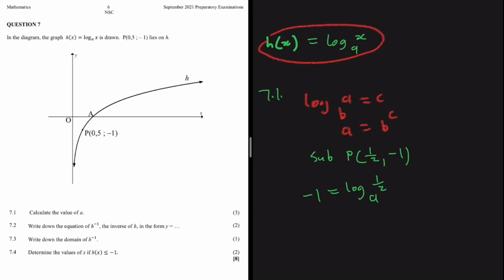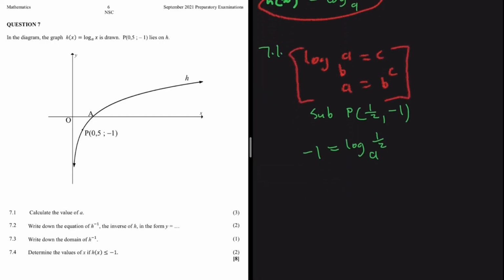So how do we find a? We are going to use this log rule. Now we can say that a to the minus 1 equals 1 divided by 2. How can we determine a? If we write 1 divided by 2 in such a way that it has an exponent of minus 1, then we can drop the exponents and equate the bases.